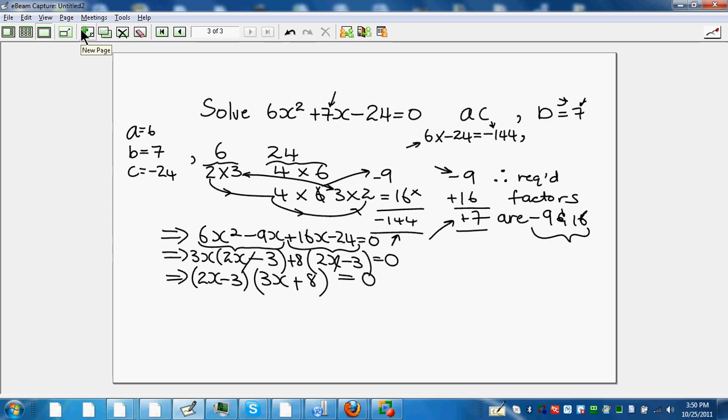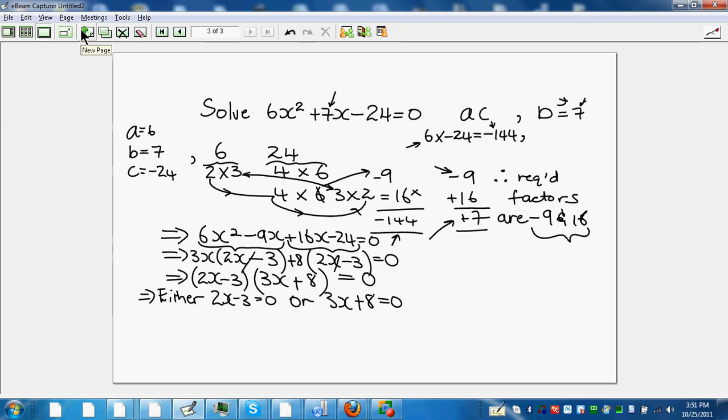We say either the first factor, 2x minus 3, is equal to 0, or the other option is 3x plus 8 equal to 0.